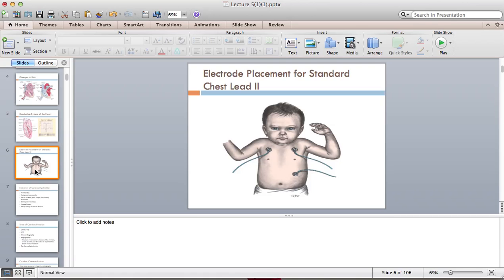So looking at the child, you can place it on the chest. The left leg can be anywhere below the chest cavity. It could be on the leg, it could be on the abdomen, because it will pick up the rhythm for you. And this thing is color coded, that you will know also. You look at the colors to tell you which one goes with which.